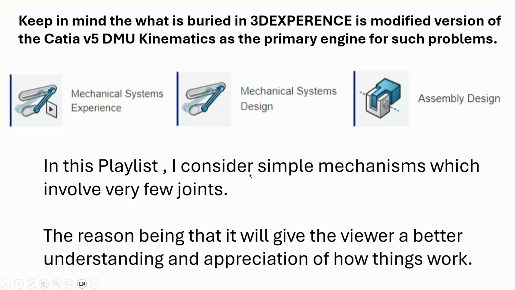The chapters in this book and their reincarnation in the form of these video tutorials on YouTube are very simple structures, because I want to use as few joints as I can in a particular problem, so that I show the viewer the functionalities and how it's done, instead of making a very complicated assembly that has to be simulated.